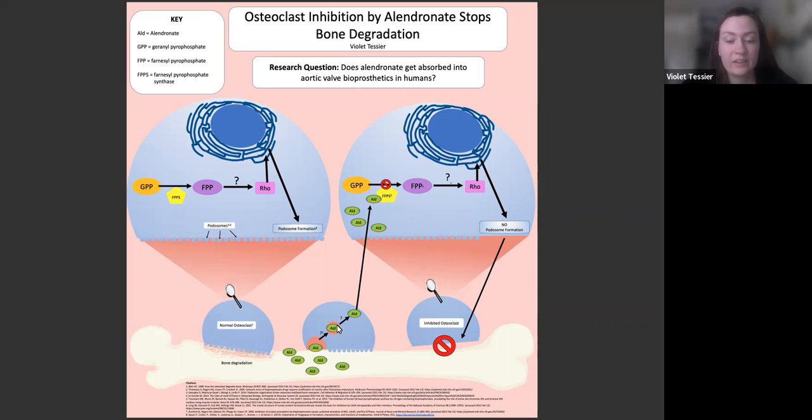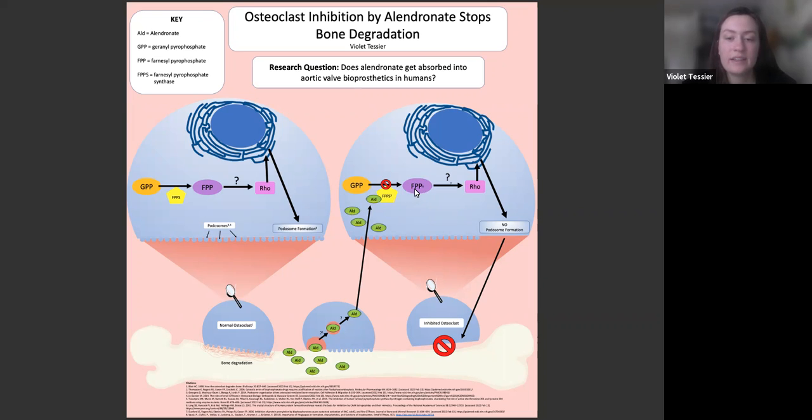When Alendronate is in the osteoclast, it binds to FPPS, farnesyl pyrophosphate synthase, and inhibits it, and then GPP is not allowed to activate FPP.